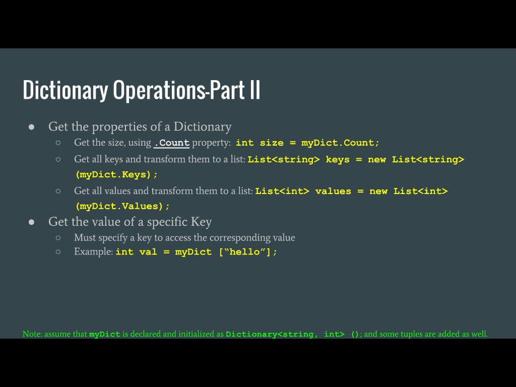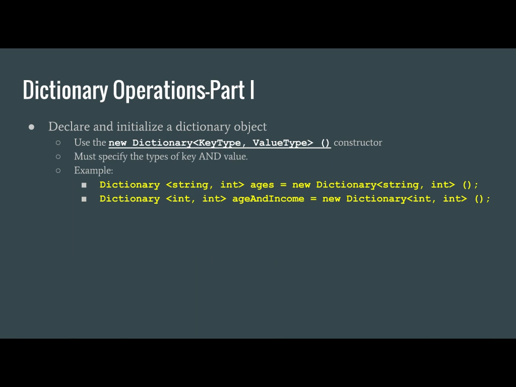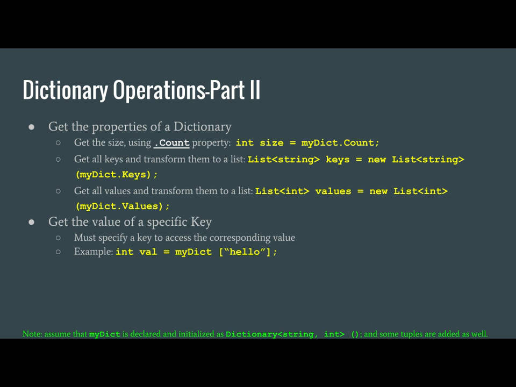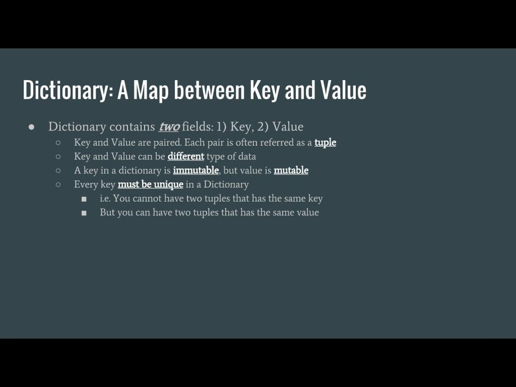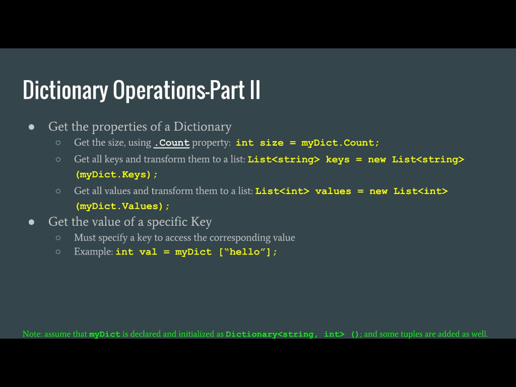And we can also get all the keys and convert them to a list so that we can look them up in the dictionary more easily. What we can do is first declare the list, which is a string list. I don't think I specified what myDict is. Let's just assume it's string and int.